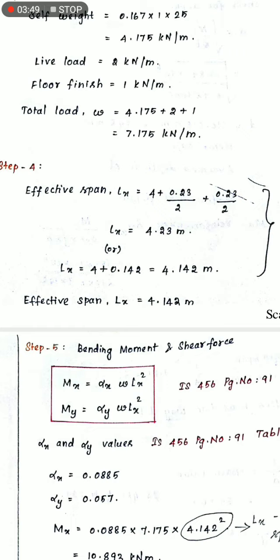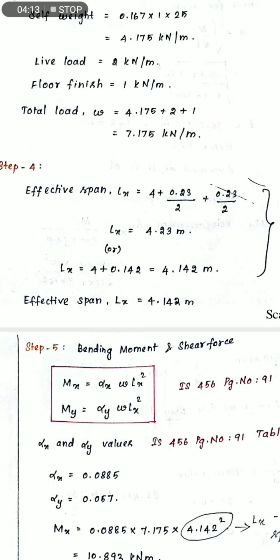Then next step, according to codal provision IS 456 page number 91, you have to determine two bending moments, along the shorter direction and along the longer direction. The formulas are given in IS 456 page number 91.